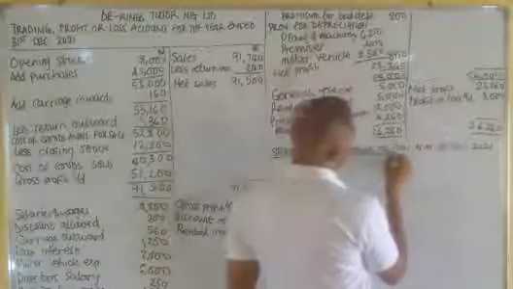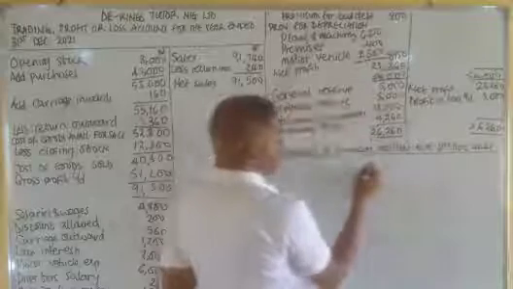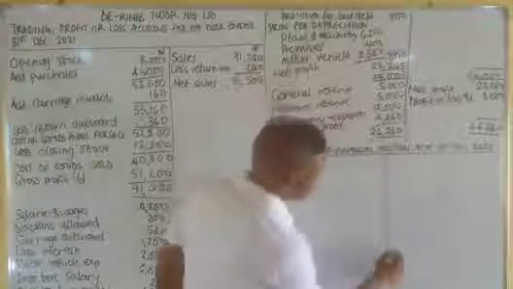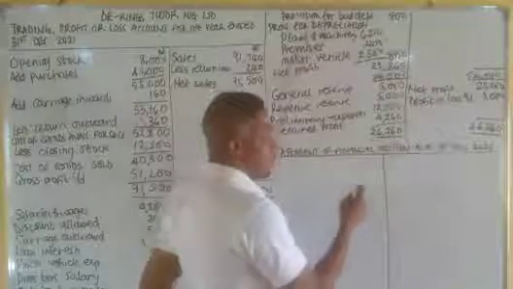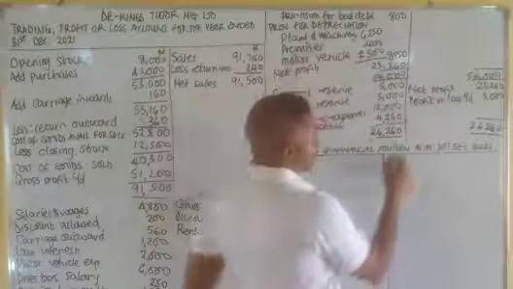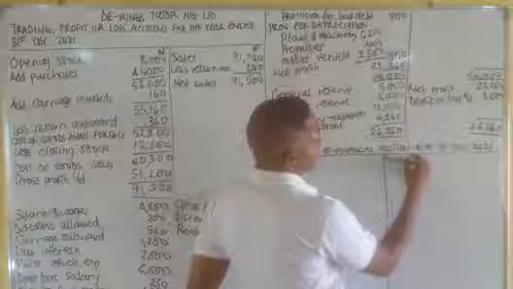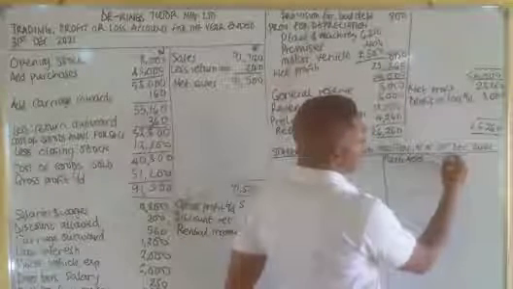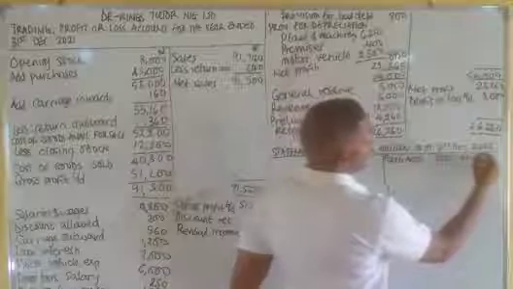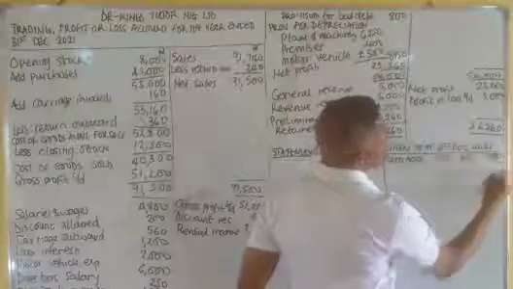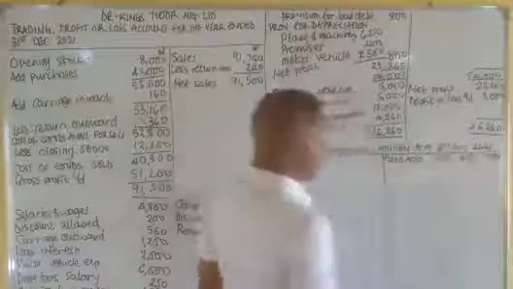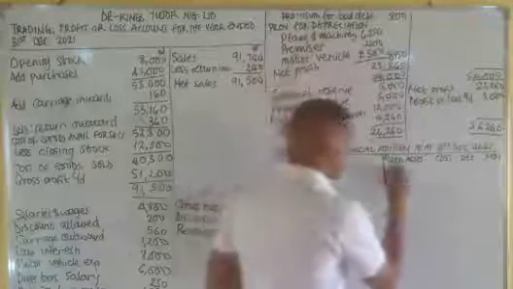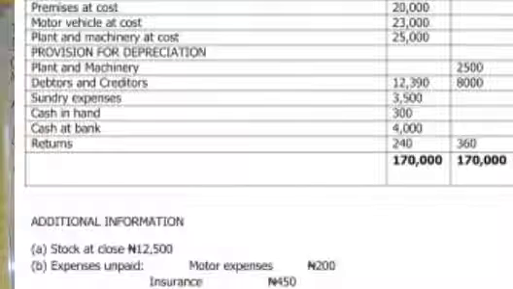So on the right hand side, let's start from there. We'll have our fixed asset, and the fixed asset will comprise of cost, depreciation, and the net book value. So accumulated depreciation, actually.